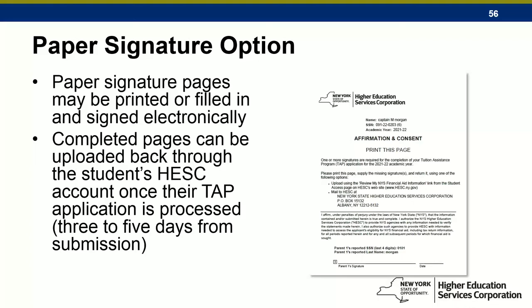If they want to use a digital signature program to e-sign this, like Adobe Fill and Sign or DocuSign or whatever it might be, if they don't want to print or they don't have a printer, that is acceptable as long as they get the signature applied to the document and then attach it appropriately through the student's HESC account, and then we can quickly update them.